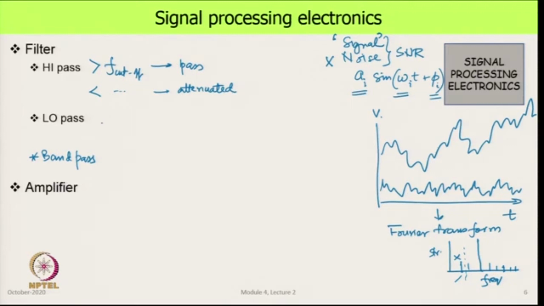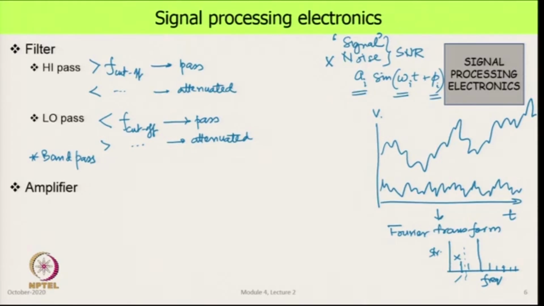The low pass filter does the opposite of that. It allows all frequencies below the cutoff frequency to pass, and all frequencies greater than this are attenuated.